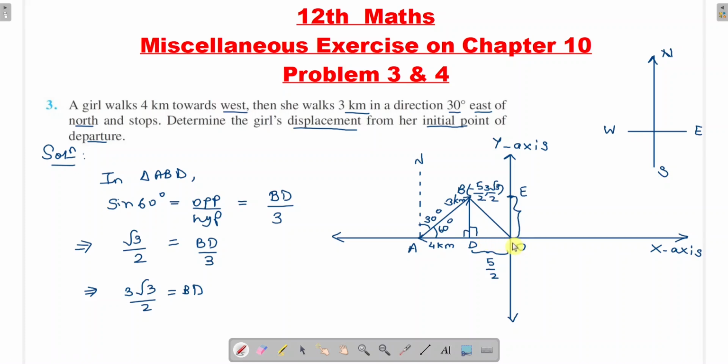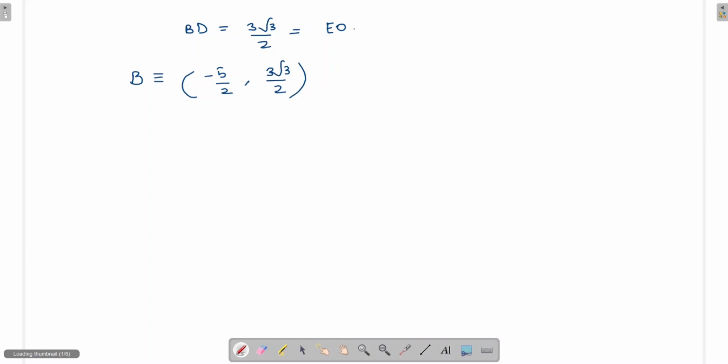So OB we will write first. OB is equal to minus 5 by 2 i cap, right? From the coordinates we can write the position vector of B: minus 5 by 2 i cap plus root 3 by 2 j cap.